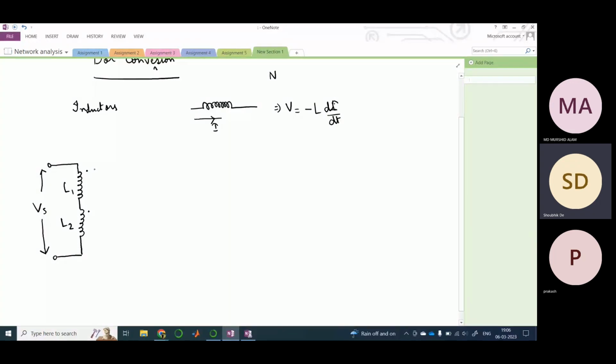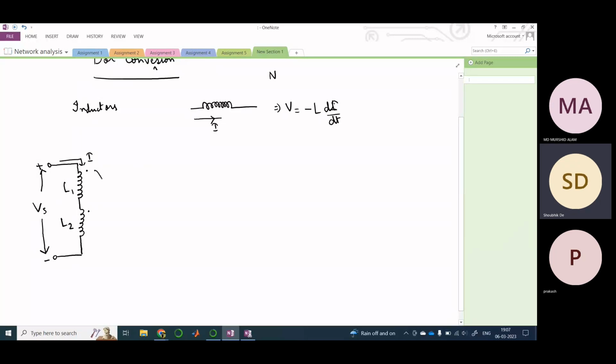Let's say that the current is flowing in this direction, so this is positive and this is negative. This should not be confused with a DC source. This is rather an AC voltage source, where plus represents that the current is flowing from this point to this point, I mean from upward to downward.